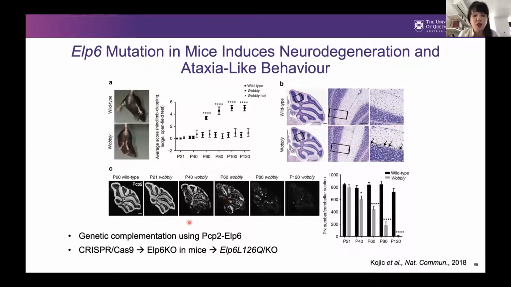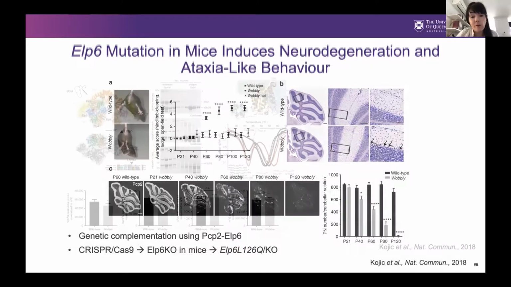We also used CRISPR-Cas9 to generate an ELP6 knockout mouse. Knockout of any of the elongator subunits is embryonically lethal, but we used the heterozygous knockout mouse and crossed it to the wobbly mouse to get a compound heterozygous mouse that fully recapitulated the phenotype of the wobbly mice. This way we confirmed that indeed ELP6 mutations are responsible for the ataxic phenotype.